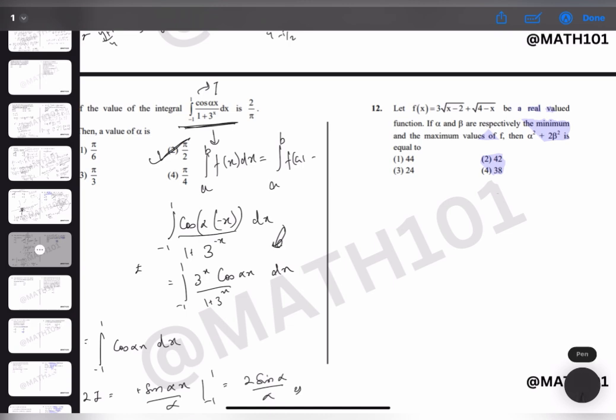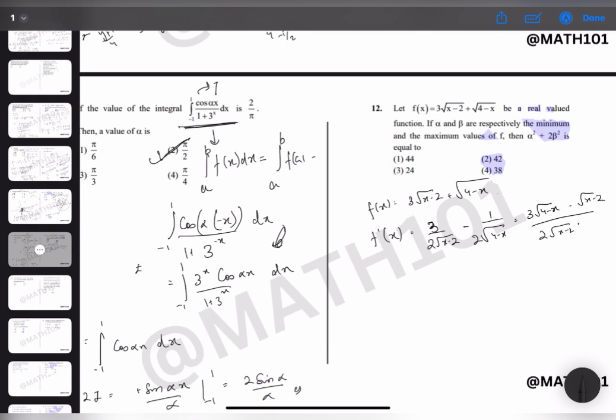So we are given that f(x) is equals to 3 root x minus 2 plus root 4 minus x. So it gives us f prime x equals to 3 upon 2 root x minus 2 minus 1 upon 2 root 4 minus x, which is 3 root 4 minus x minus root x minus 2 upon 2 root x minus 2 into 4 minus x.